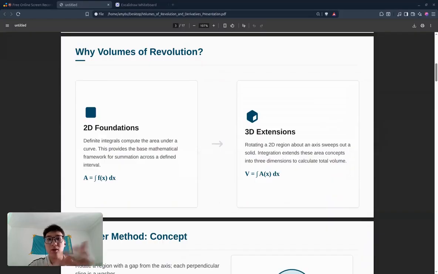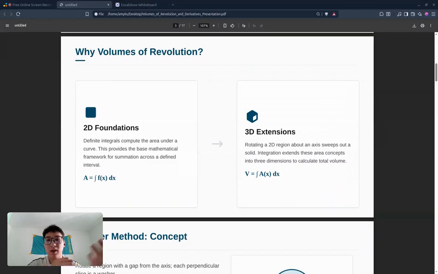We already know a definite integral can measure the area under the curve. Now take that same flat two-dimensional shape and spin it around a line. This line we'll call our axis of rotation. So this sweeps out a brand new three-dimensional solid.